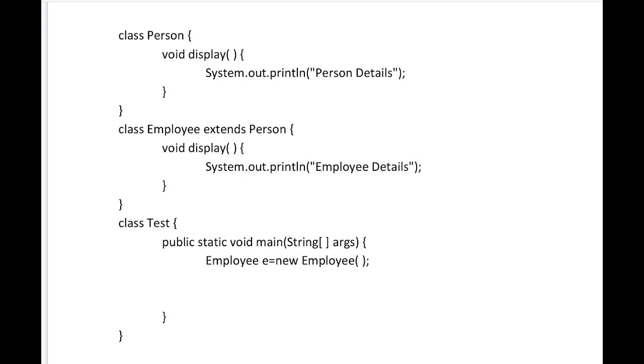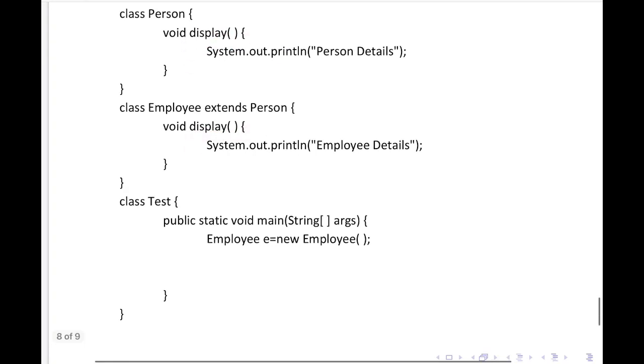That means the signatures of these two methods are the same. Signature means the name and the parameter list. Here the display parameter list is empty, and here also the display parameter list is empty. So both signatures are the same in the parent class and in the child class.